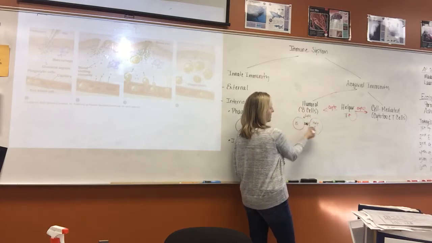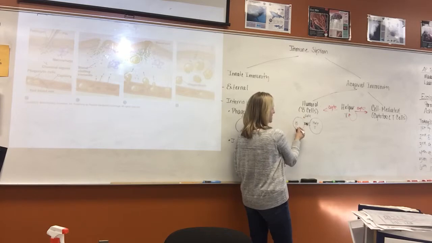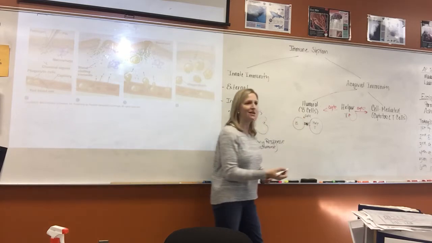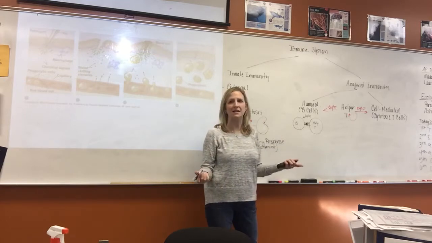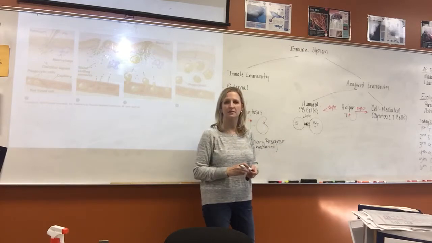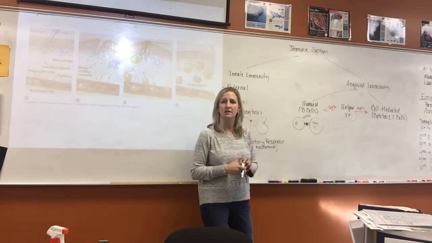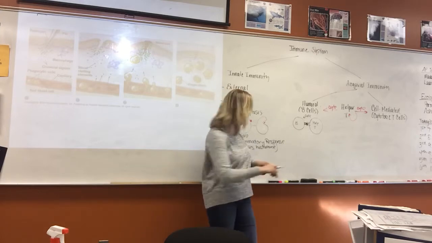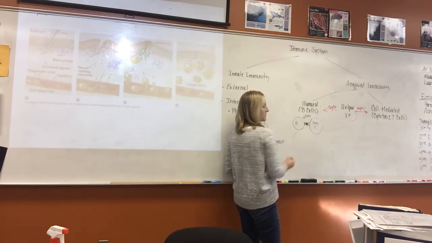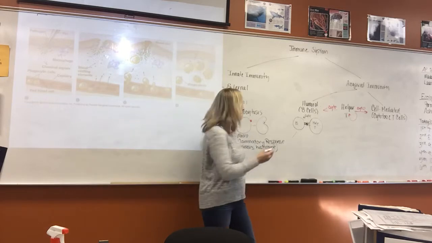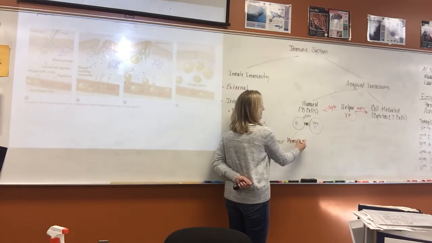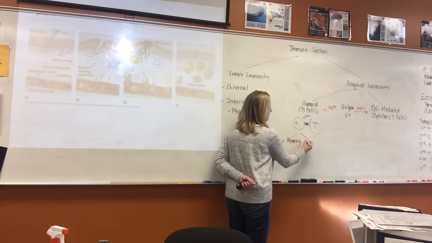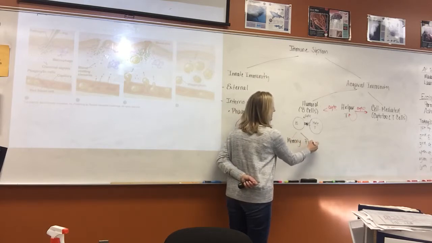So when this happens, the helper T cell stimulates the B cell, and the B cell is activated. What happens when it's activated? The B cell starts making memory cells and plasma cells. That's right. It divides and differentiates into memory and plasma cells.